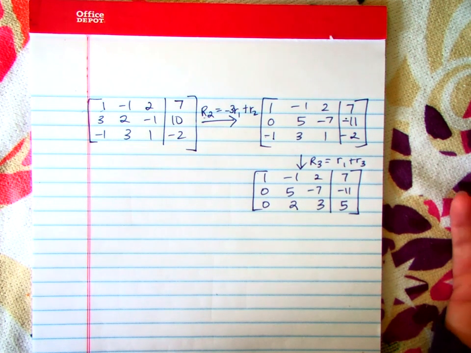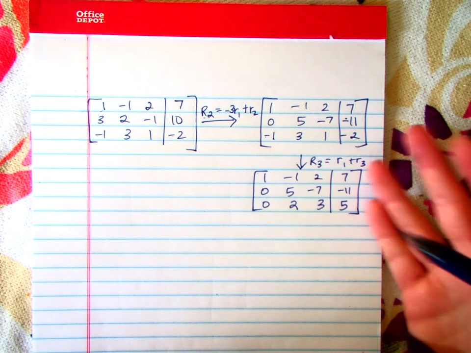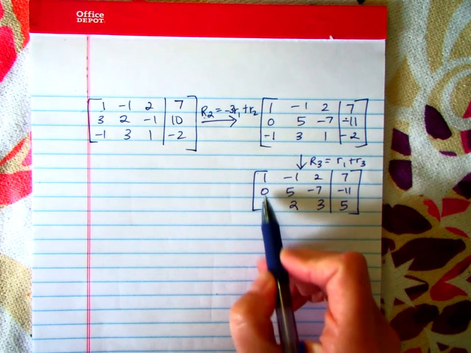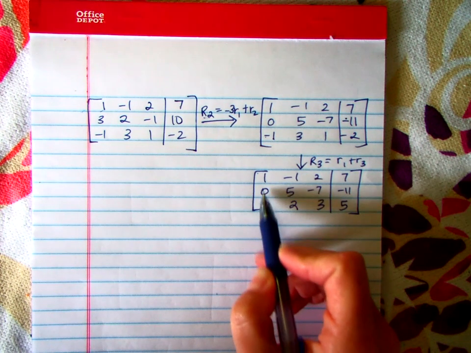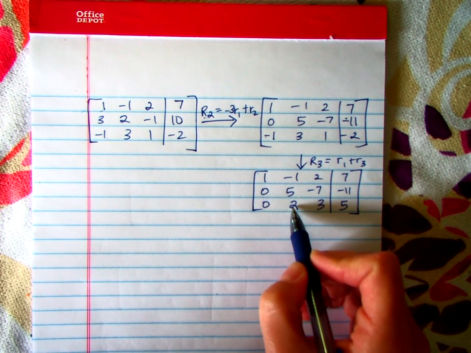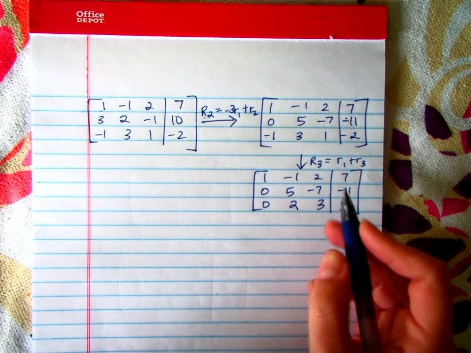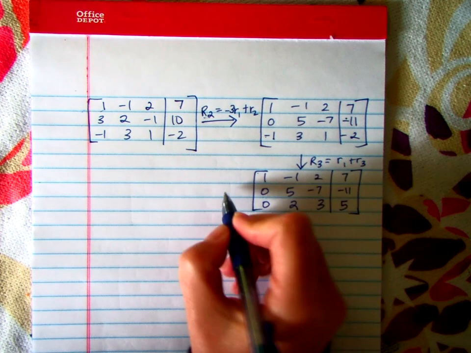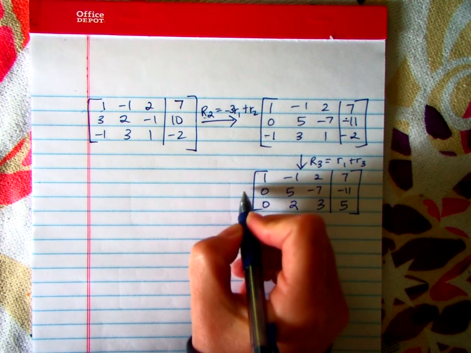So is there a way to turn 2 into 0 while still keeping these zeros here? I don't want to change the coefficients of x. I just want to change this coefficient of y, 2y, into a 0. So I want to change row 3. So let's find a way to change row 3.